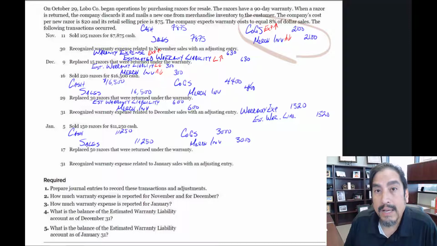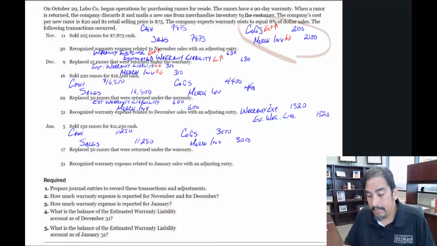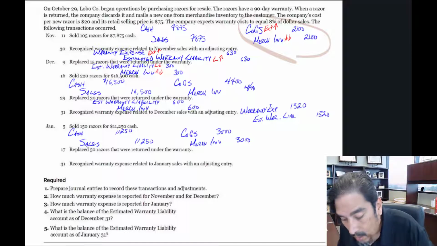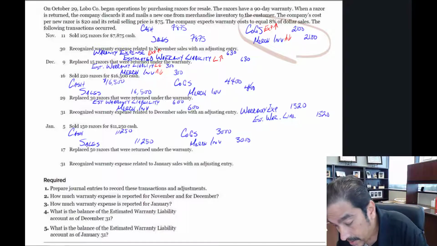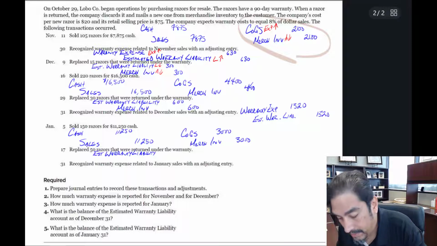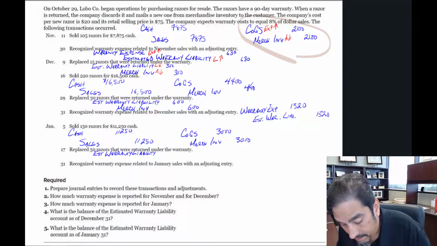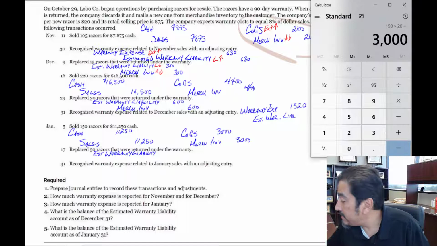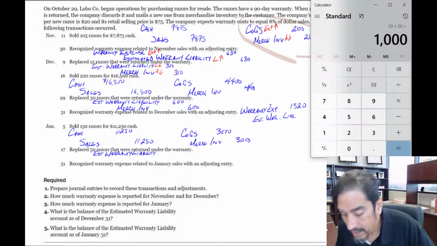So when it's time to actually change out the bad razors, we debit estimated warranty liability. Our little savings account. 50 at $20 each. I probably could have done that in my head. $1,000.